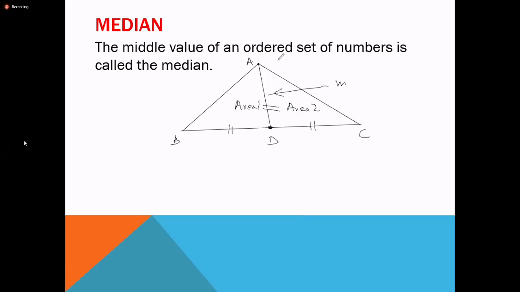That is the use of a median in a triangular plan. If you are going to divide a plan that is a triangle, that is the way to divide it into two equal parts. That is also a median.